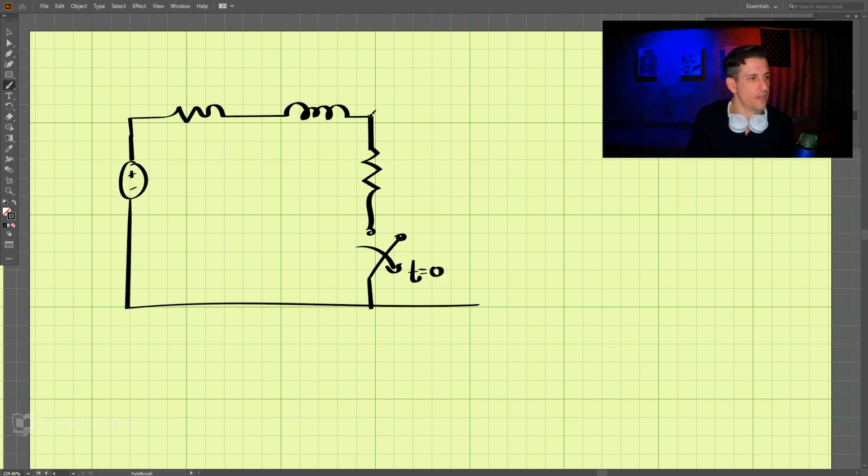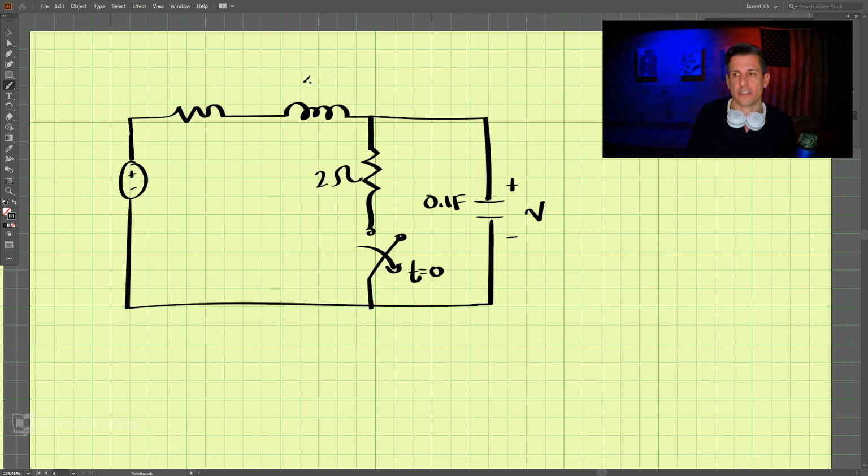And then that is in parallel with a capacitor. This capacitor here is 0.1 farads, and this is 2 ohms. This is 0.25 henry. And this resistor here is 4 ohms, and our voltage source is 12 volts.